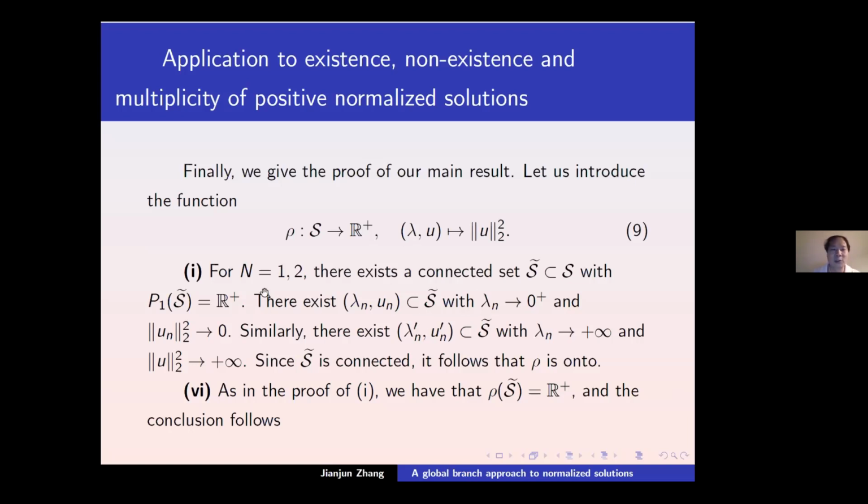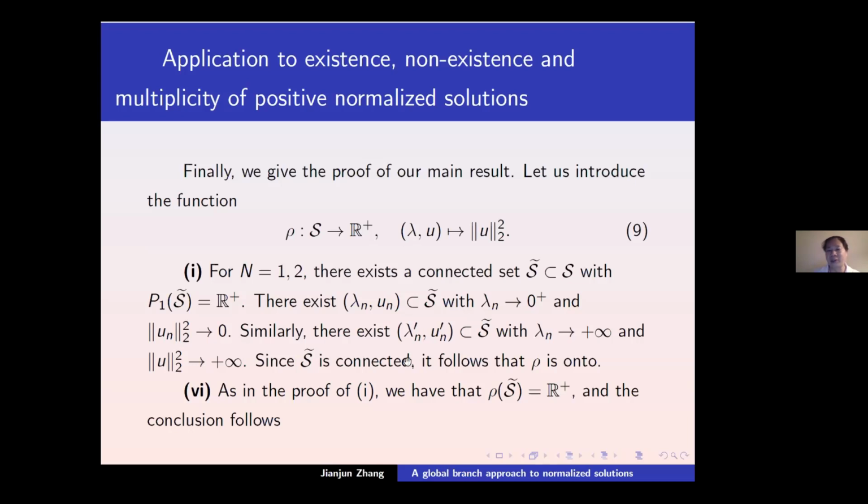Okay, so for example, for the 1 and 2 dimensional case, we know the range of P1 is the positive part of lambda axis. So this means that there is a solution belonging to the asymptotic for lambda very small: the mass of u_n goes to 0.